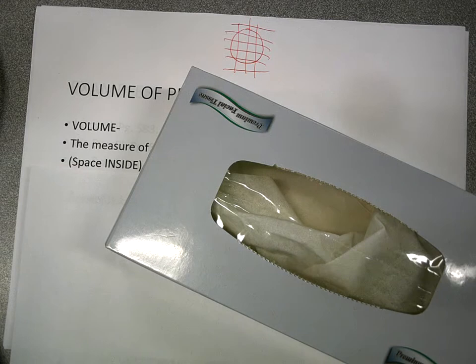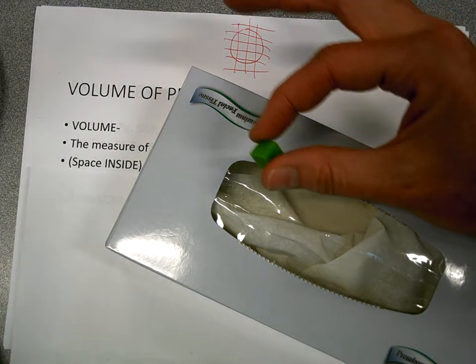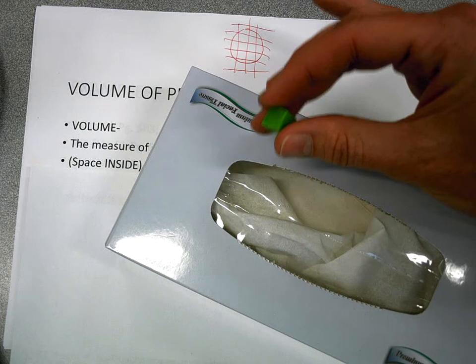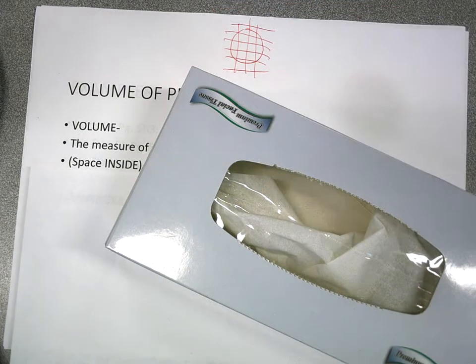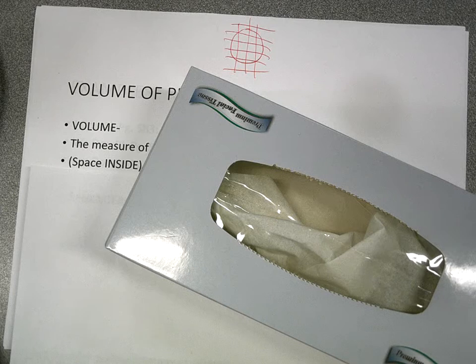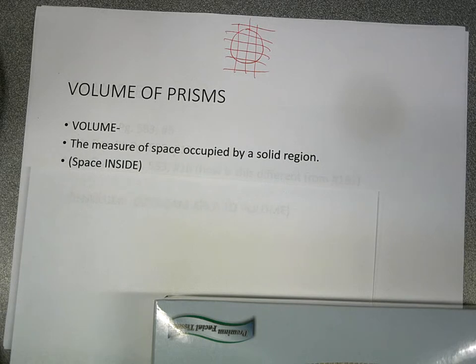So when you're talking about volume, you're talking about how many of these cubes, how many cubic units, fit inside. We're finding the space occupied by a solid region, the number of cubes that occupy that space.